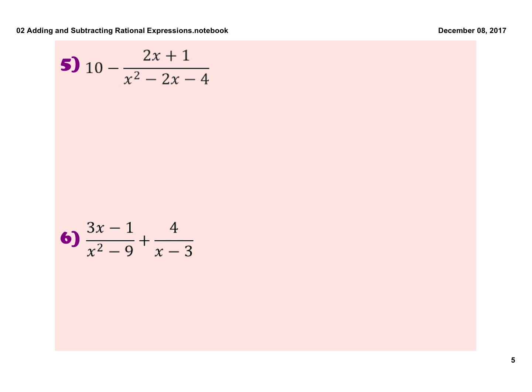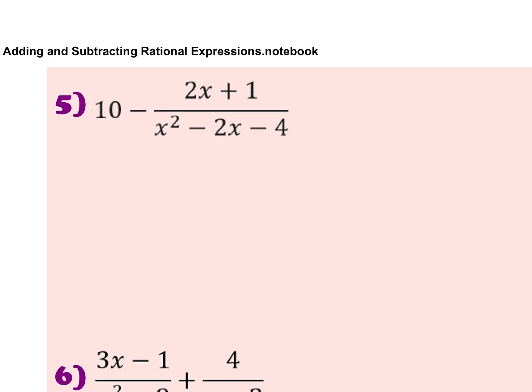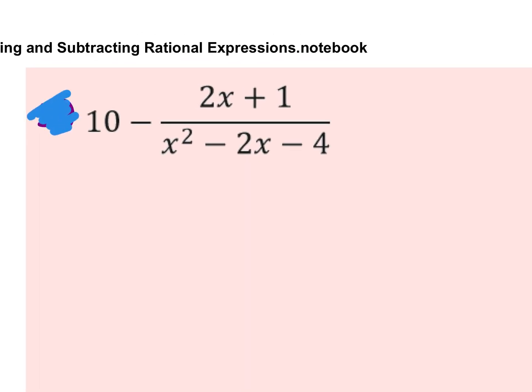Okay, to the next page. Problem 5 is our first really weird one, because the number 10 there isn't even a fraction. And somehow we're supposed to get common denominators and add it all together? Yes, now it's a fraction when you put it over 1. And now we can follow the system, which is multiply by the what?